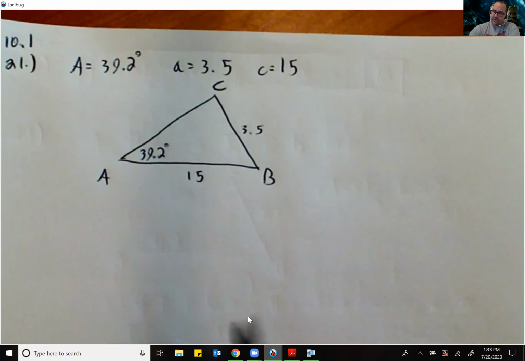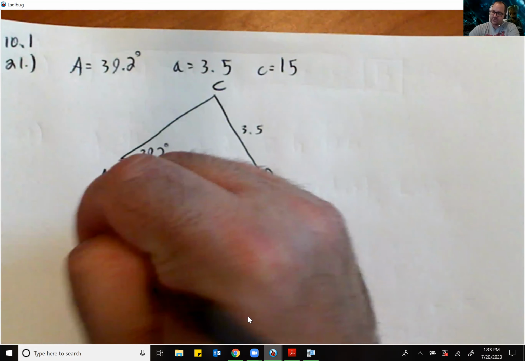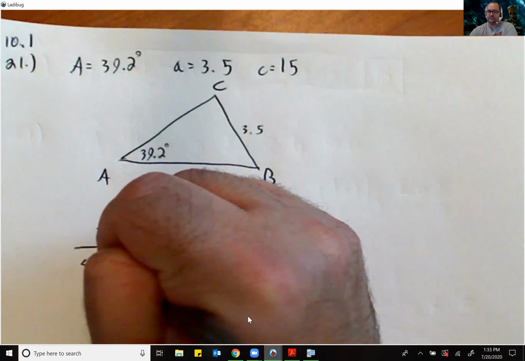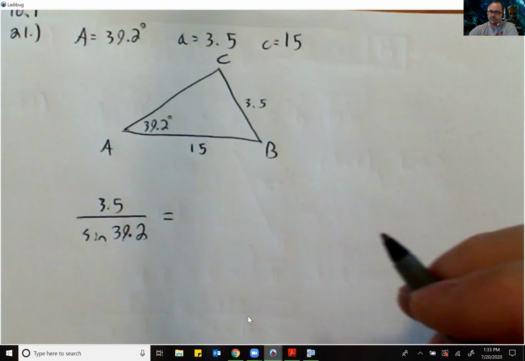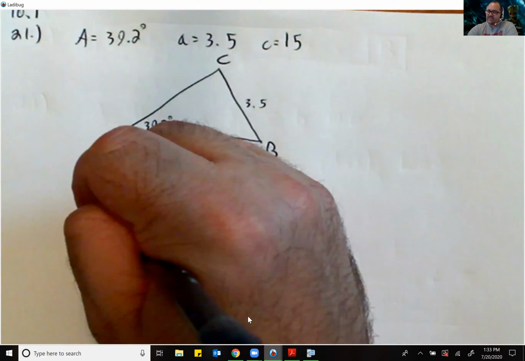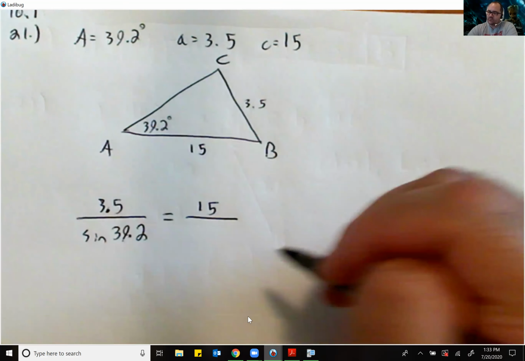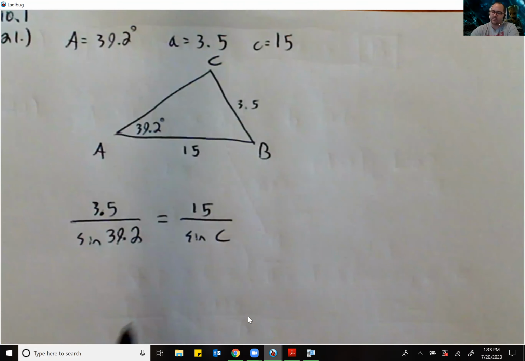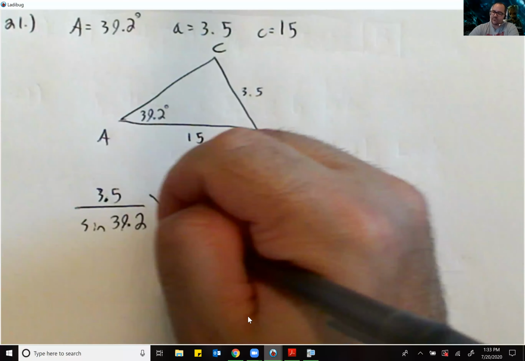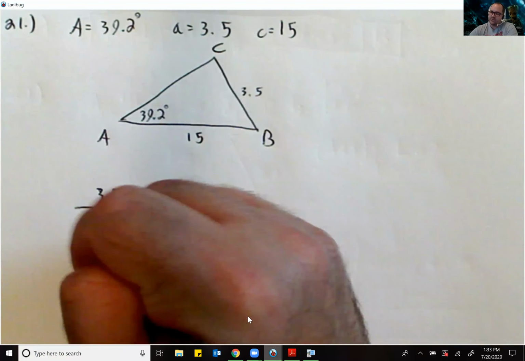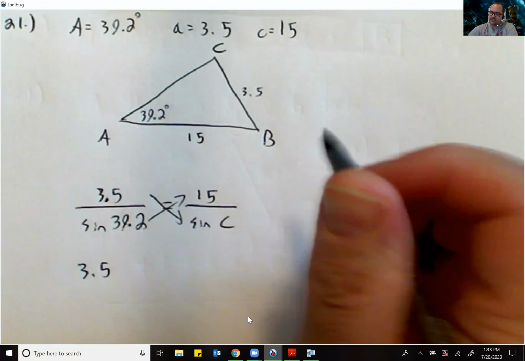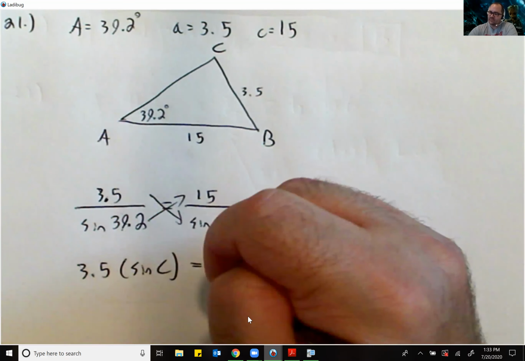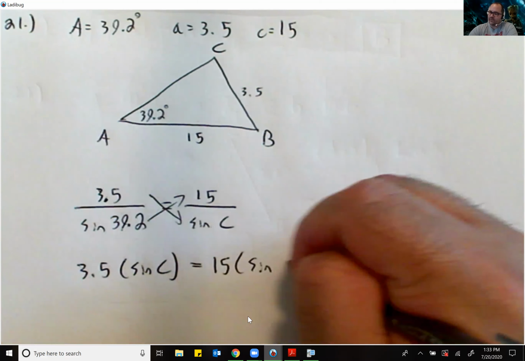So we're going to have 3.5 over sine 39.2 equal to 15 over sine C. All right, so we cross multiply. So that's 3.5 times sine C equal to 15 times sine 39.2.